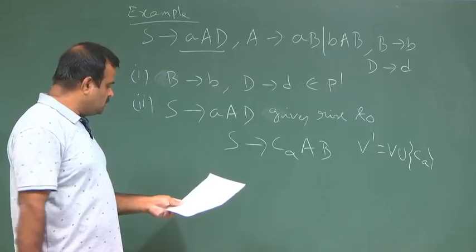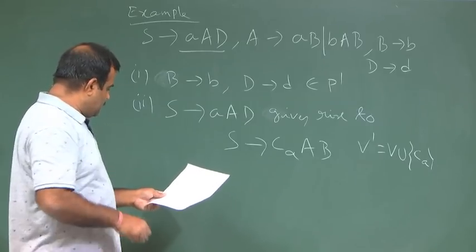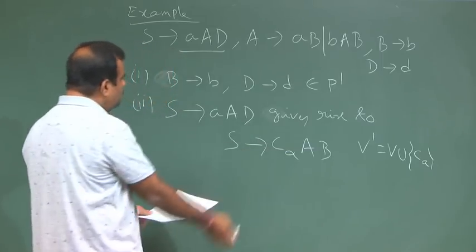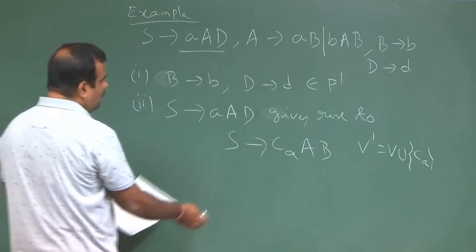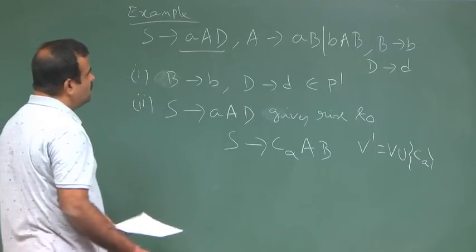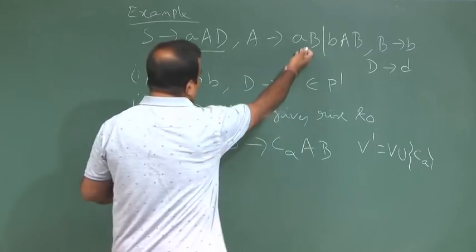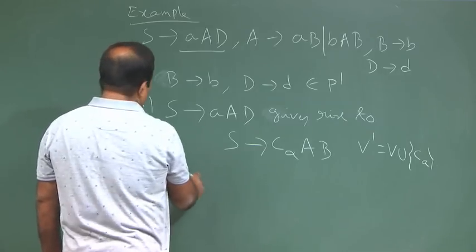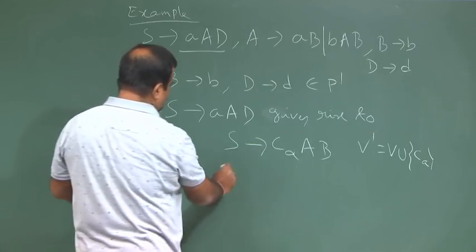Now we introduce the next step. We can do this in a second phase, where we have all variables, but here also we can do it. Anyway, we can finish this up.